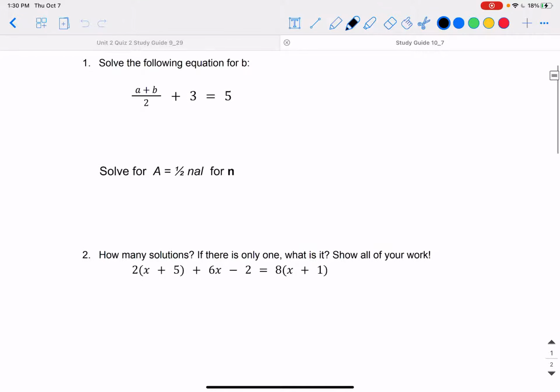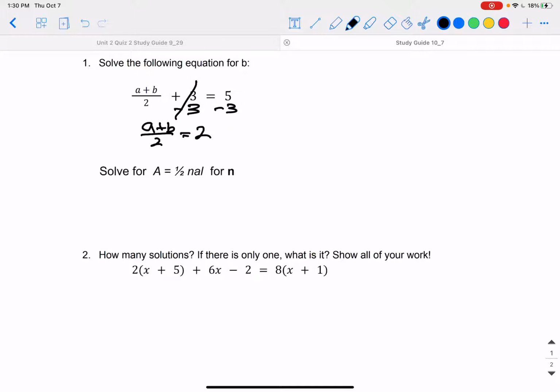So the first one is solve the following equation for b. So I want to manipulate this equation to get b by itself. So the first thing I'm going to do is subtract 3 from both sides. These cancel, and I have a plus b over 2 equals 5 minus 3, which is 2.